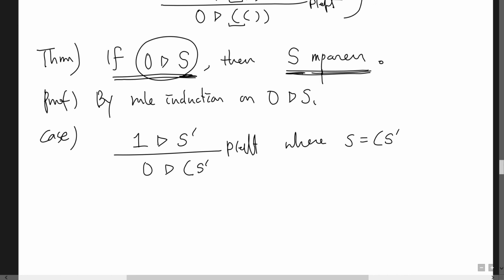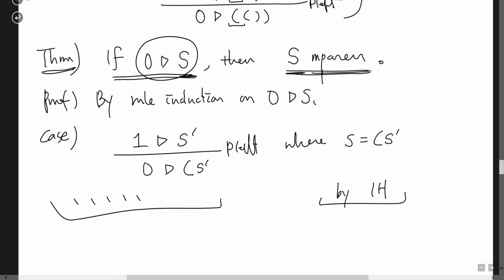Now we see why applying rule induction doesn't work for this theorem. The reason is that in order to apply rule induction, we'd like to say something like by induction hypothesis, we obtain some new fact.